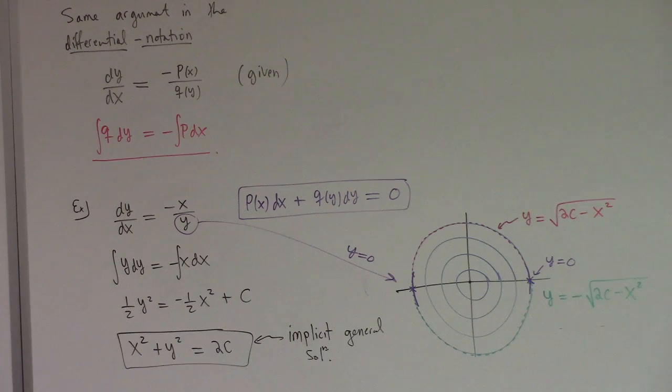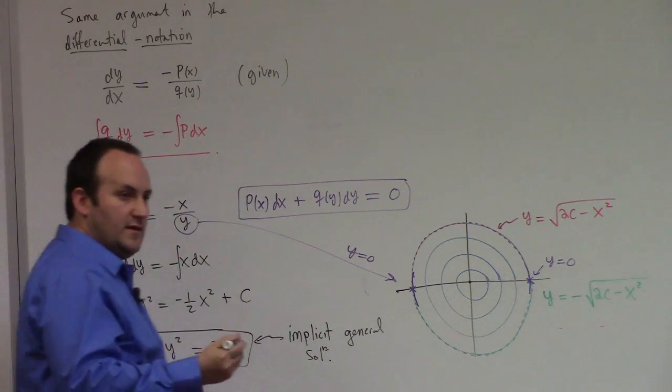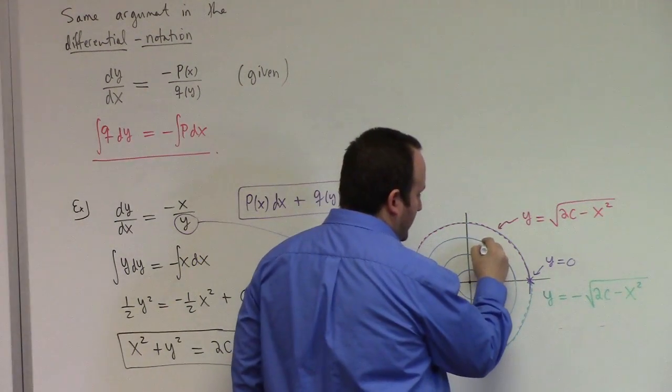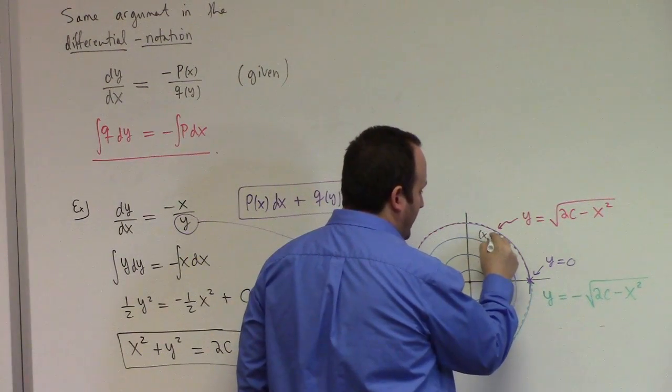What if I want to find, let me just tweak this a little bit, a solution to this differential equation which goes through a specific point? Suppose I want to find the solution that goes through this point, say x naught, y naught. Let me show you a way we can do that.